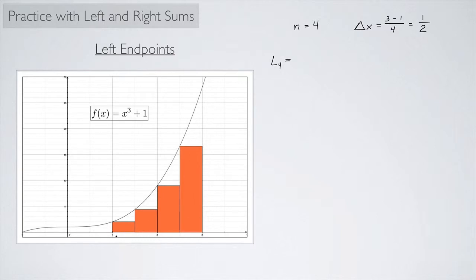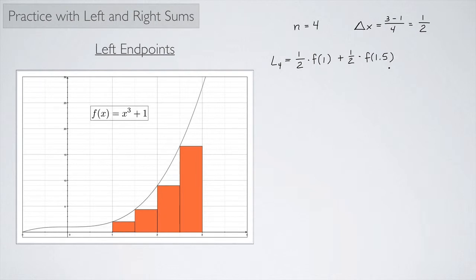And so to do that, we're going to get a half, which is the width, times, in this case, the value of the function at 1, because we're looking at left endpoints, plus a half times the value of the function at, in this case, 1.5.